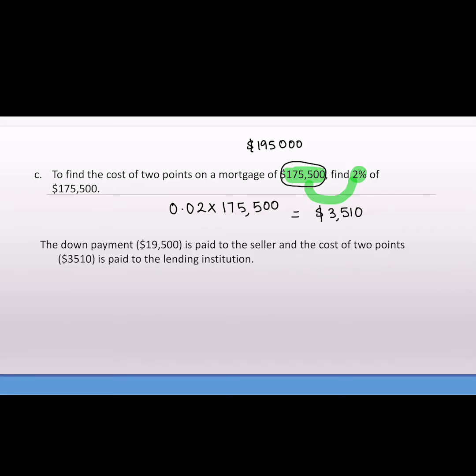So in addition to the 19,500, you also have to pay 3,510 for the lending institution. That will cover your legal documentation, any other work that they do. So the down payment of 19,500 is paid to the seller. The cost of 3,510 is paid to the lending institution.